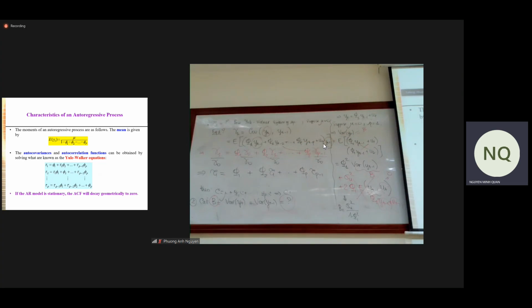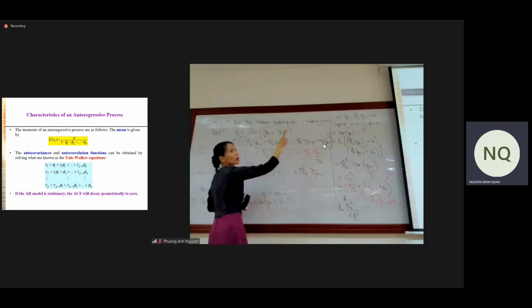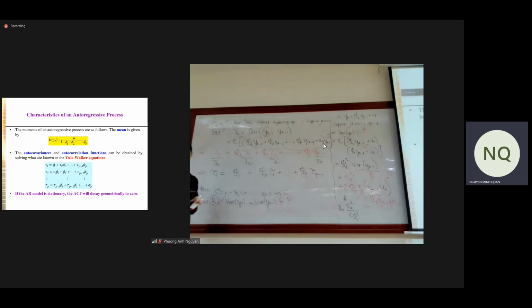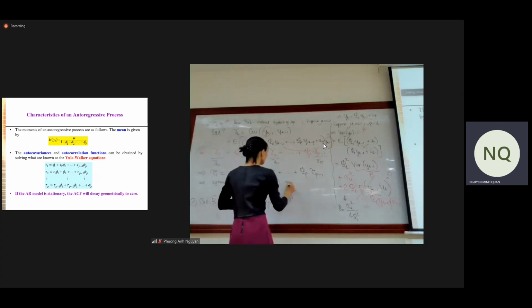Using the same idea, if you want to consider gamma 2, you just write out y_{t-2} and you get the second equation. The same way, for the next equations, you get a system of p equations for the tau that you can solve.